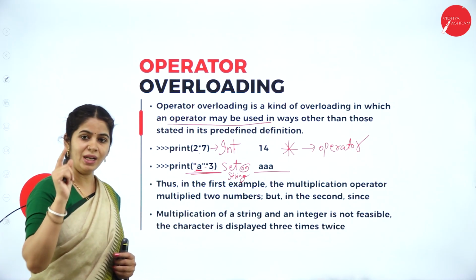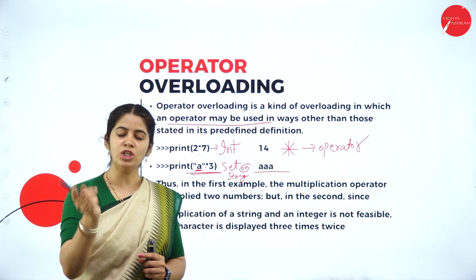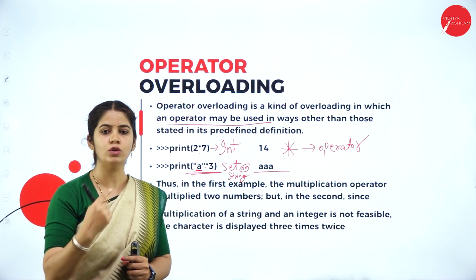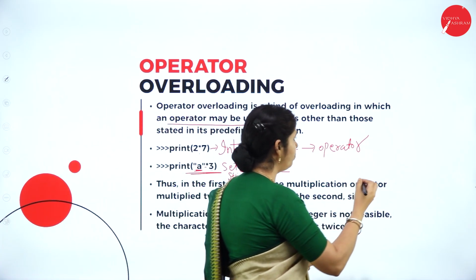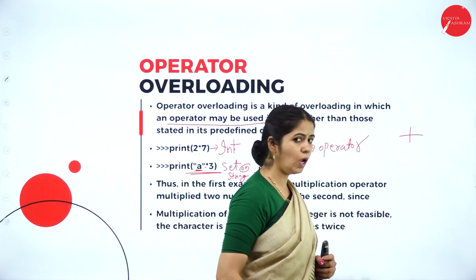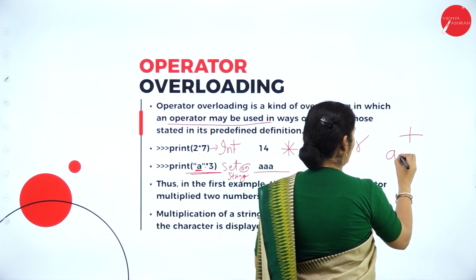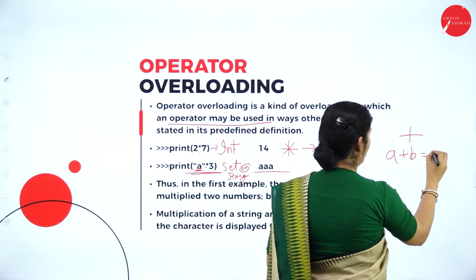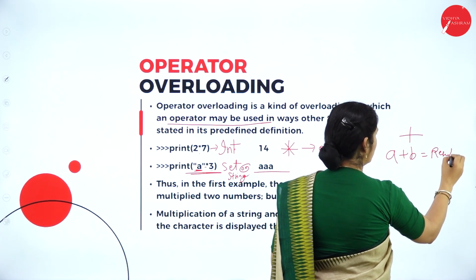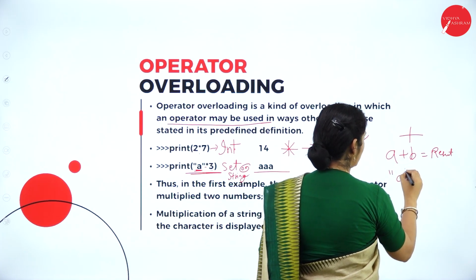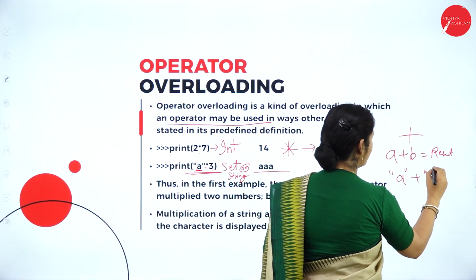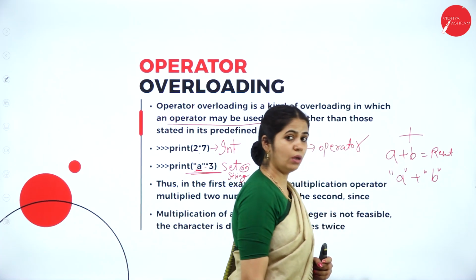The operator is the same, but the operation it performs is different. So we are achieving polymorphism. Or you can take an example of the plus operator, right? Here A plus B will give you the addition result. If I do the same thing on strings, A plus B, what will it give?